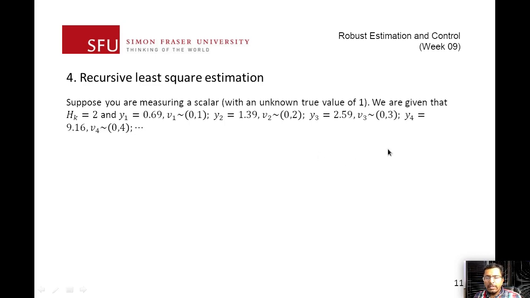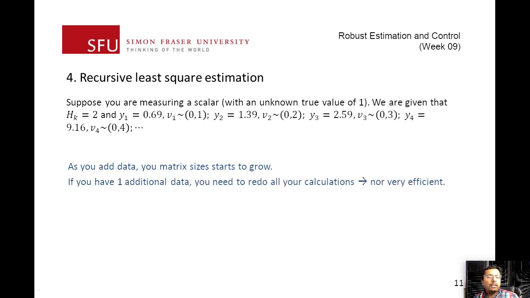What we previously did was arrange all of these and use our weighted least square to calculate the values. But this gets a little bit tedious, particularly when your matrix size starts to grow. The other thing is, if you have 10 data points and you already calculated all of your values, now if I give you an 11th data point, you need to go through all of your calculations again, right?